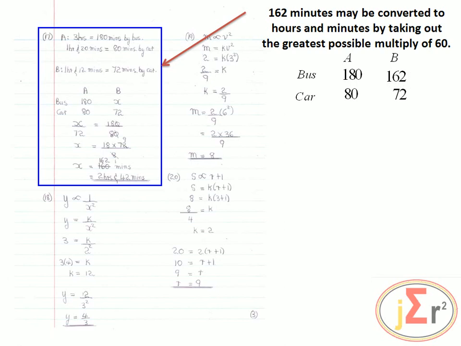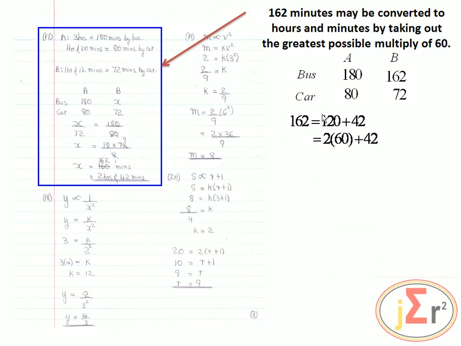So we only can get 2 60s out of 162, which is of course 120, and this 120 is equal to 2 times 60.